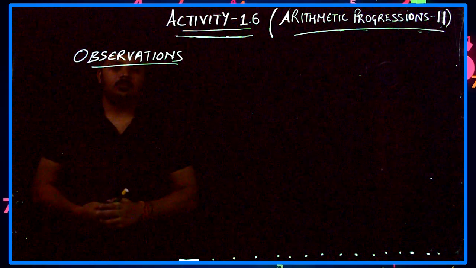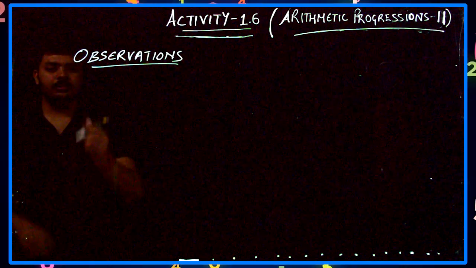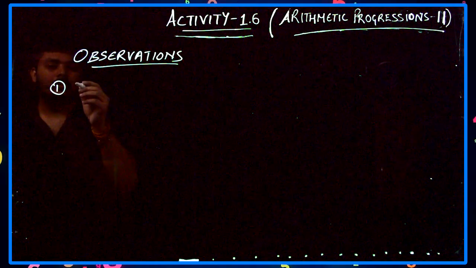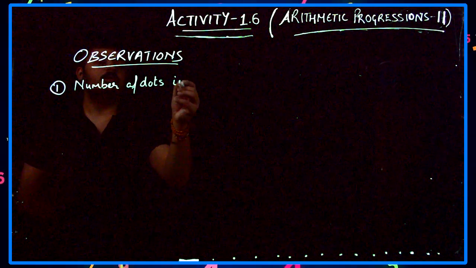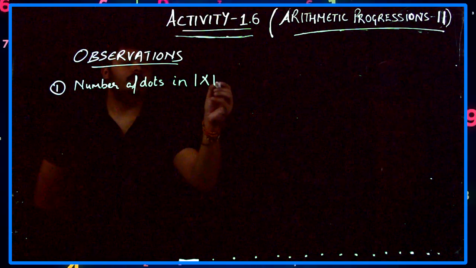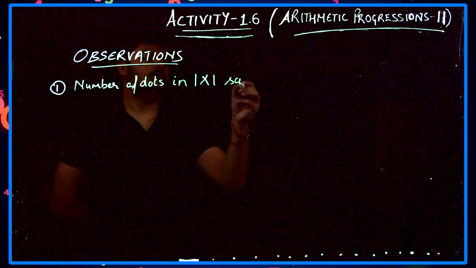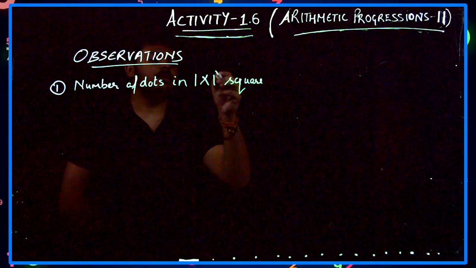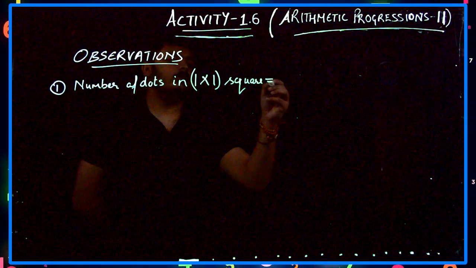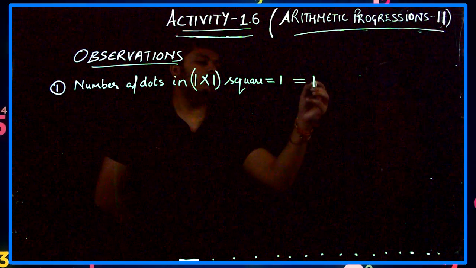So students, our observation for this activity is: first, the number of dots in the 1 by 1 square is equal to 1, so we can say 1 square.